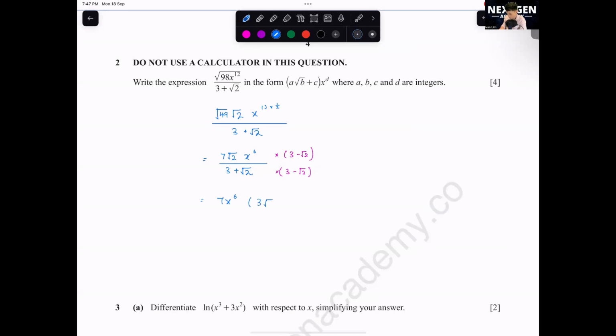So here will become 3 root 2 minus 2. Okay, at the bottom, it becomes a plus b times a minus b equals a squared minus b squared, right? Then you get here 9 minus 2. Okay, simplify it further. This one here, divide. 7 over 7. So you end up with 3 root 2 minus 2, to the power 6.